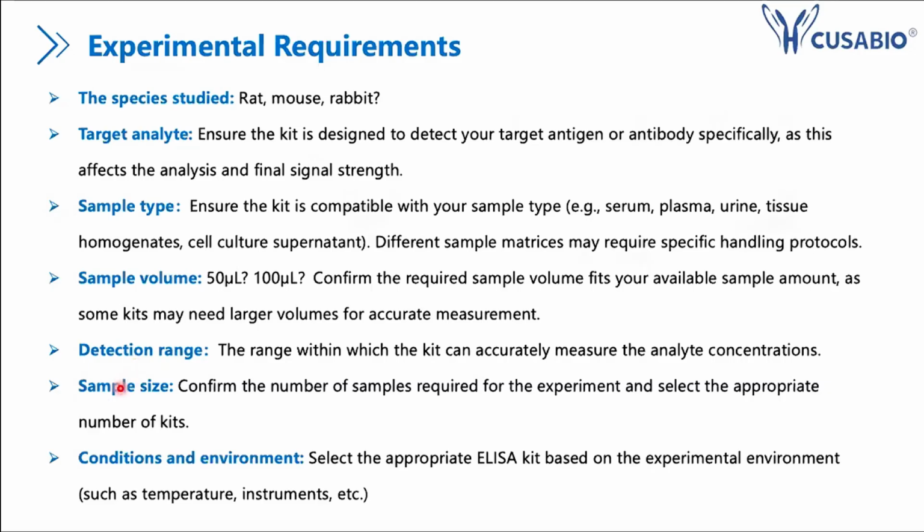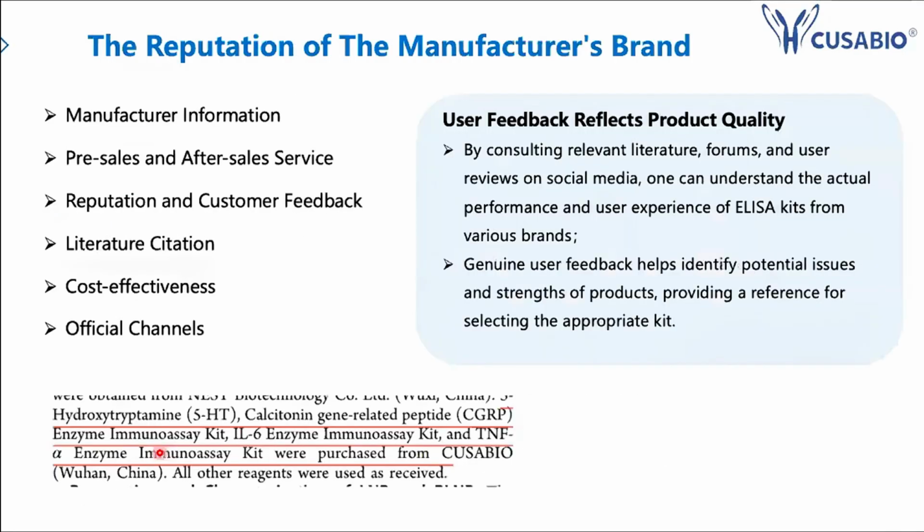Confirm the number of samples required to finish the experiment, and based on that, you can select the proper number of kits. The last one is related to the experimental environment. You should know the temperature and available instruments in your lab, and based on that, you can choose the proper ELISA kit.